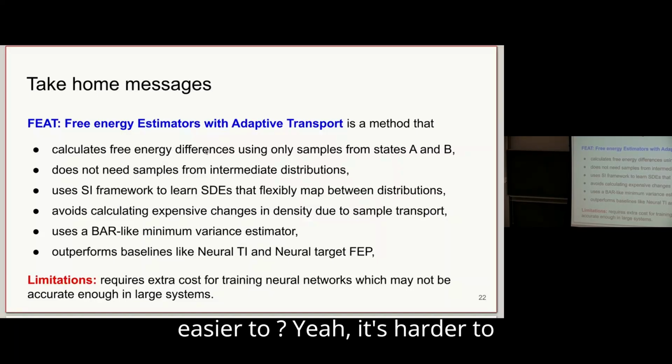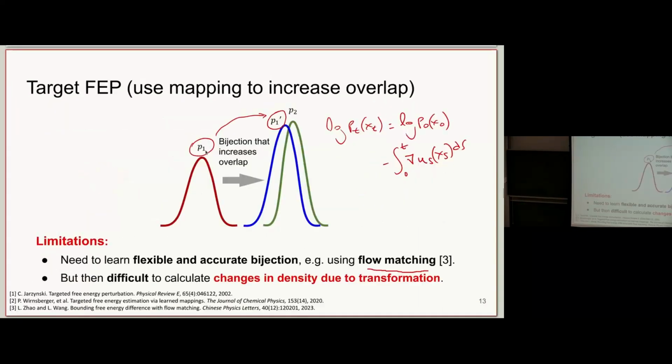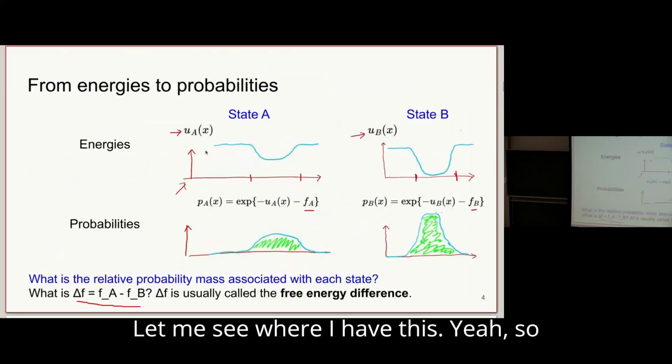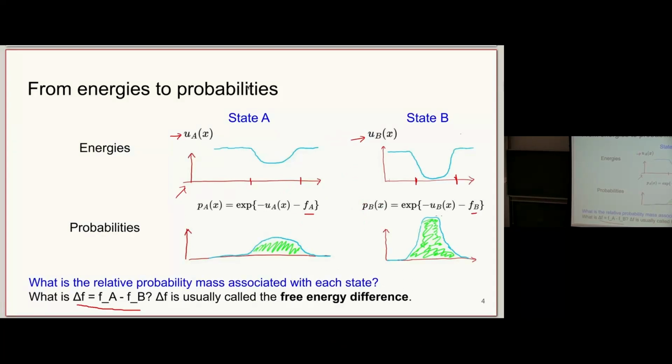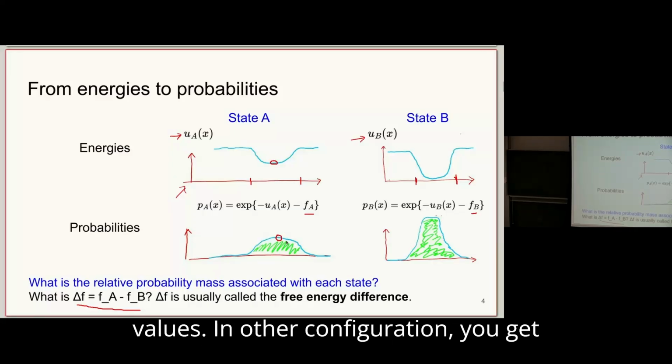Yeah, it's harder to say. So what happens is that you have the energies. Let me see where I have this. So you have these energies, and you could say, maybe in a particular configuration you get these energy values.